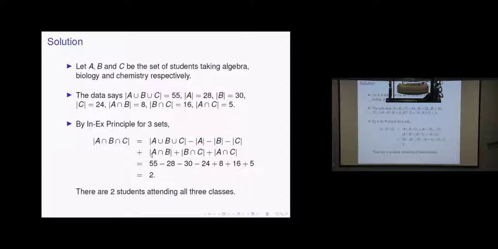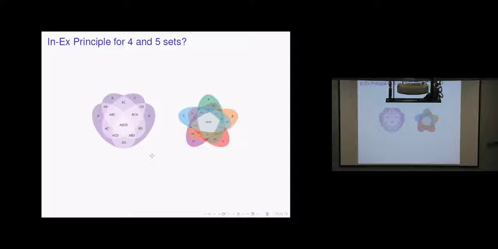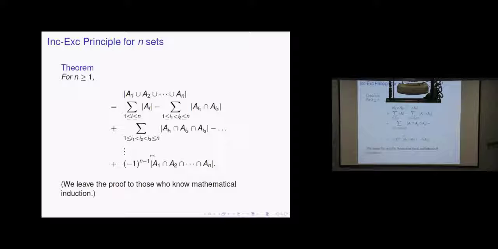So this is for 3 sets. 4 sets, 5 sets, I don't want to do it. In general, it's called inclusion-exclusion, and the formula looks like this. Suppose I want to count the number of elements in the union of n sets. Then I should include all the singletons, so I have the size of A1 plus size of A2 plus ... plus size of An.